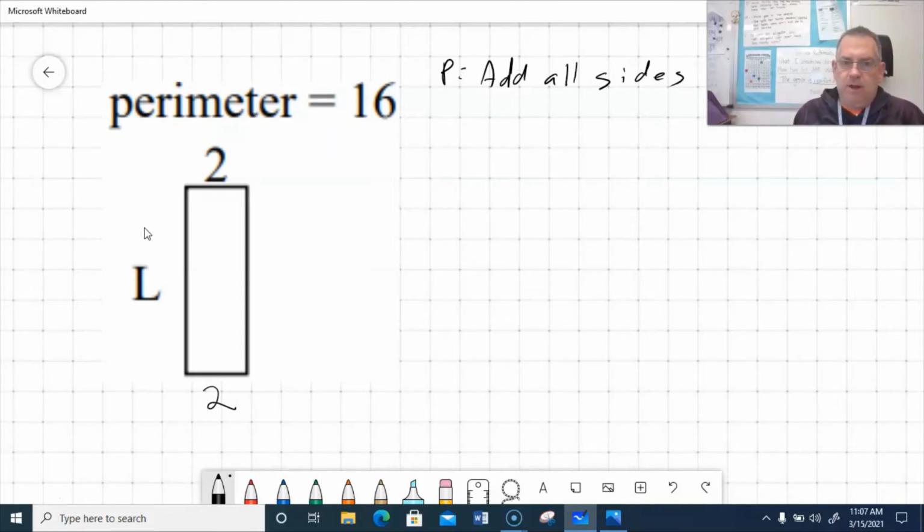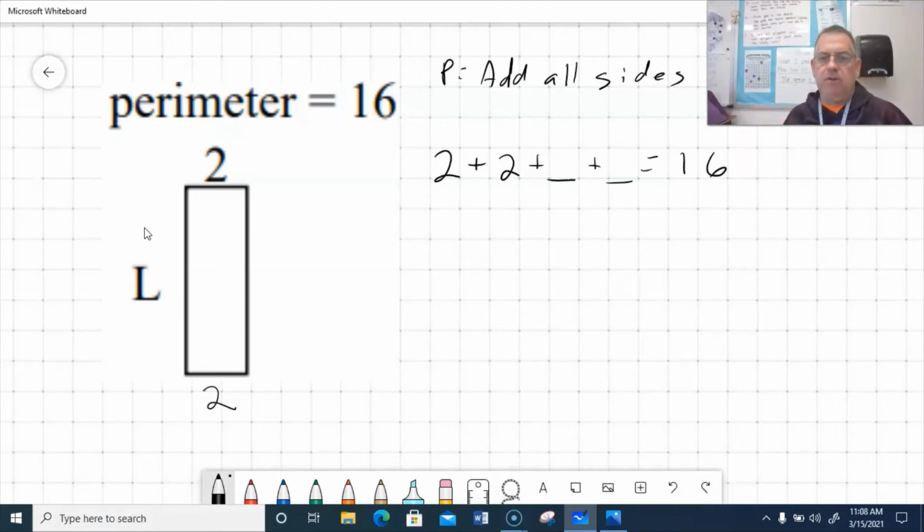So I know that I have one side that's 2, and I know I have another side that's 2, but I have 2 sides there. I don't know what they are, but we know all together that equals 16. So we know all this information. Okay, so we'll go ahead and change this equation around a little bit.